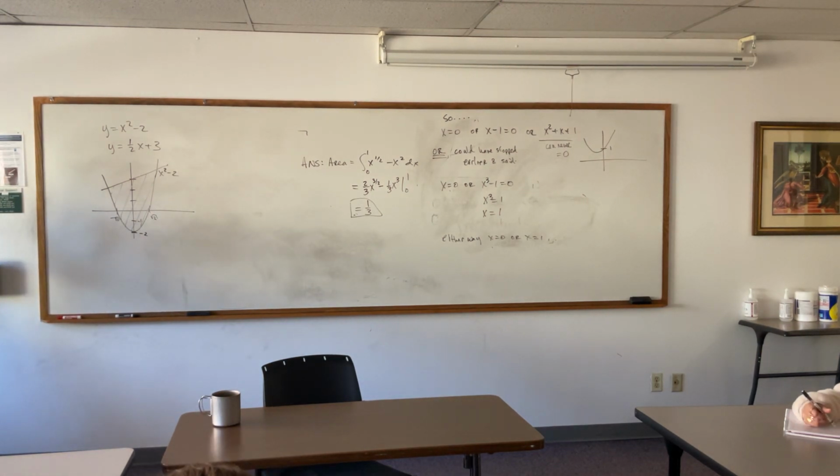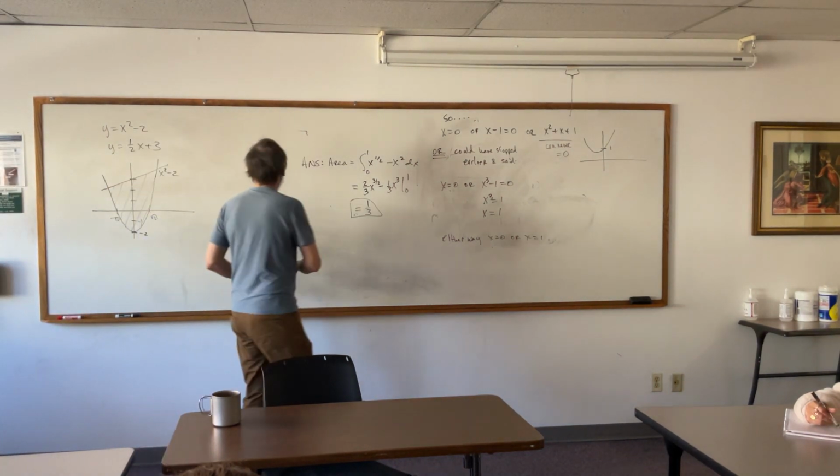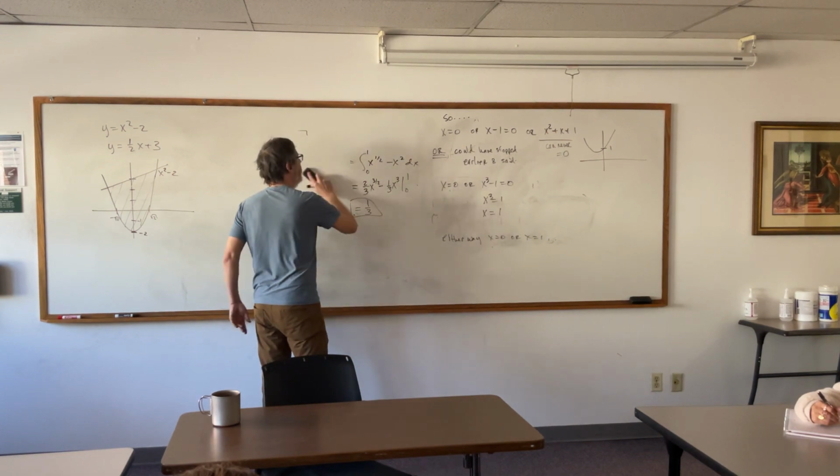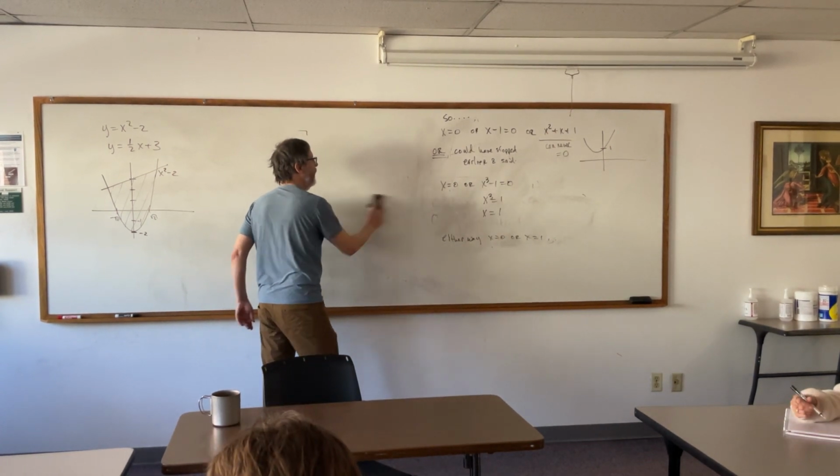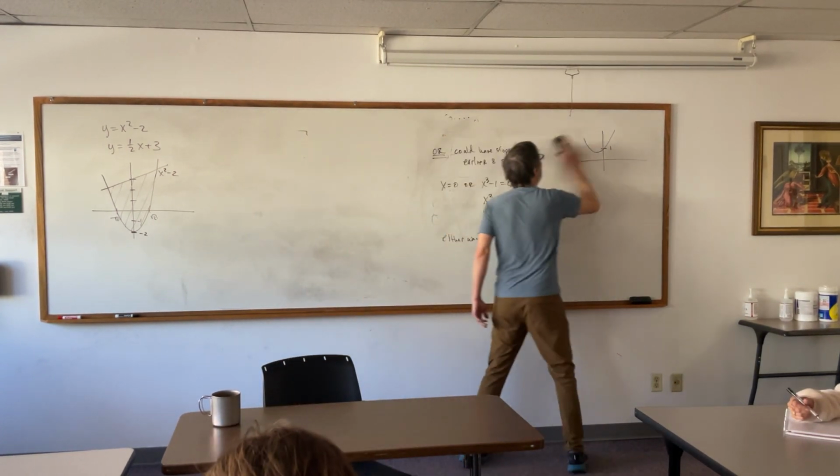Something like this, a parabola with a slanted top on it. See if we can find those places where it intersects, setting those two curves equal and solving.